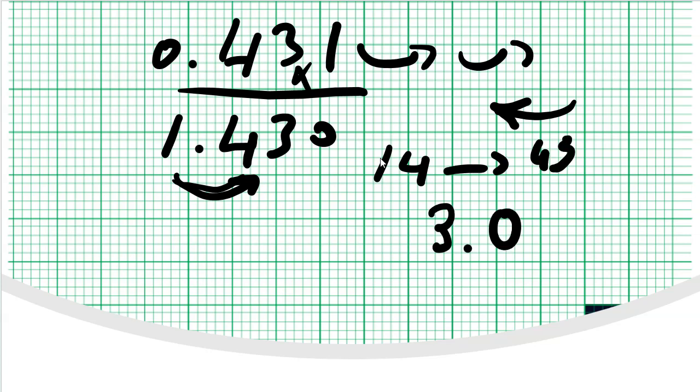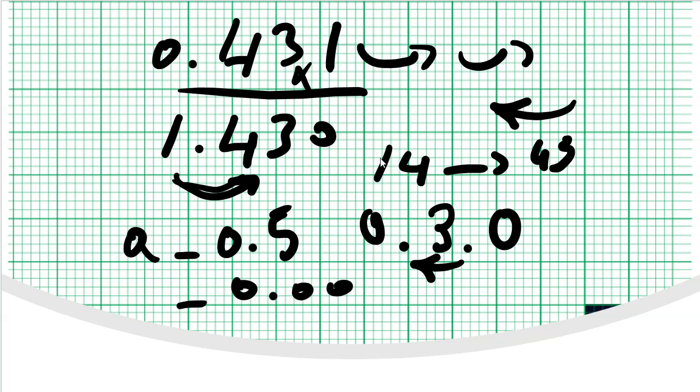And then because you went to the right one time with the decimal, it's 0.30. So again, in your answer, you should see something like 0.5, 0.003, and then one of them would be 0.30 or 0.3.